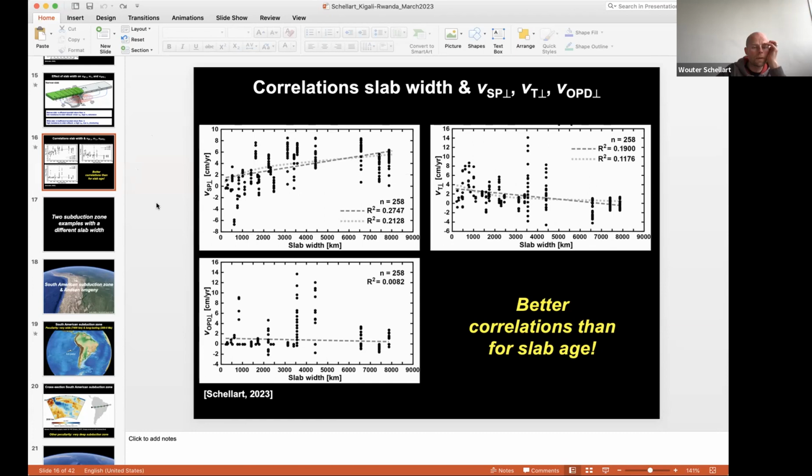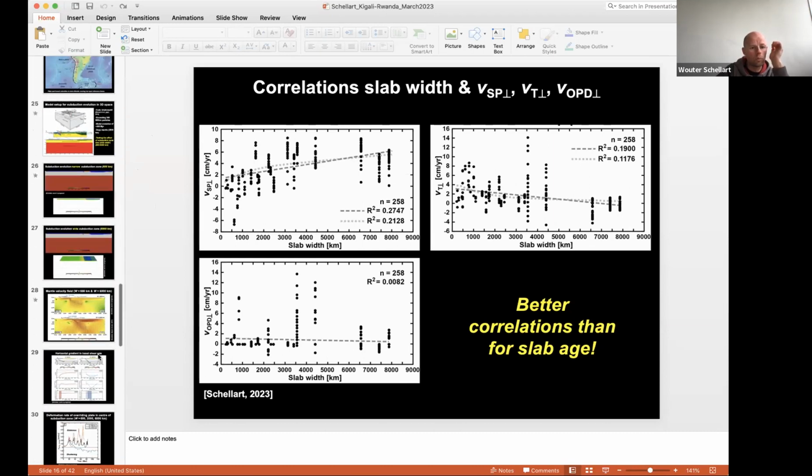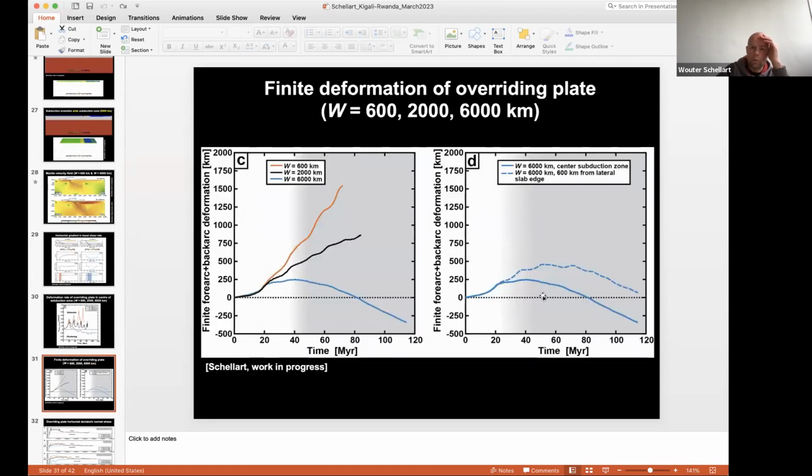Yeah, sure. And another complication, which I try to show with this diagram here, is that along individual subduction zones, the bigger they get, the more variability you get along them. So one part of your big subduction zone, the central part, might at this point in time in your model, at 70 Ma, have a negative slope, so your overriding plate is shortening in the center of your subduction zone.